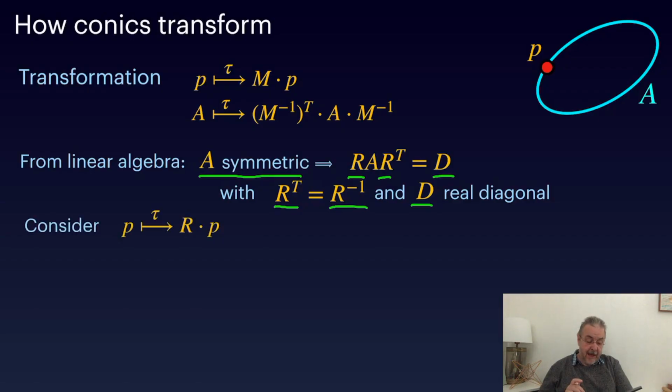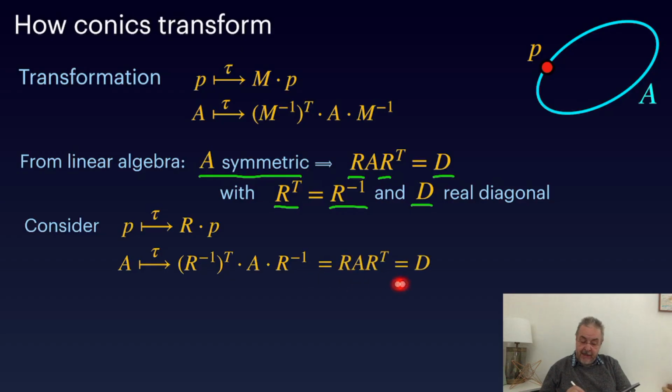And by that, you can say, let's consider a projective transformation for a given conic that sends point P to a point R times P, and this projective transformation will send our conic to the conic that I've written down here. If you check that, R to the minus 1 is R transposed, so you get exactly this expression over here, and you see that this here is in fact a diagonal matrix.